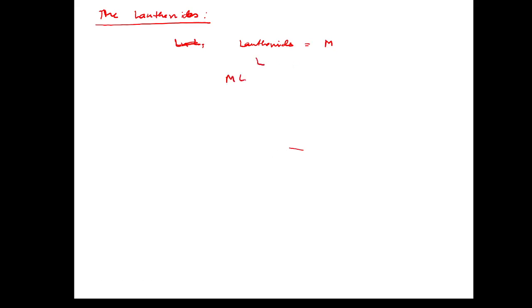So your ML_n is just M n plus. This is like a free ion only because your 4f levels are shielded by the 5s and 5p, so it is too far inside.